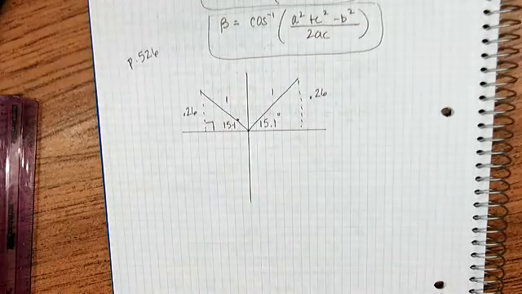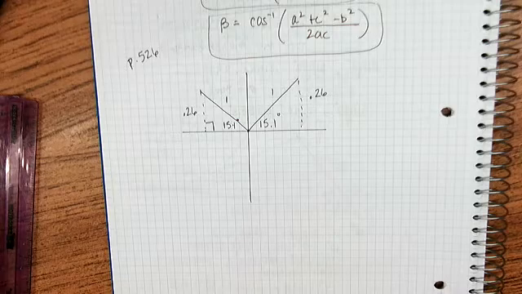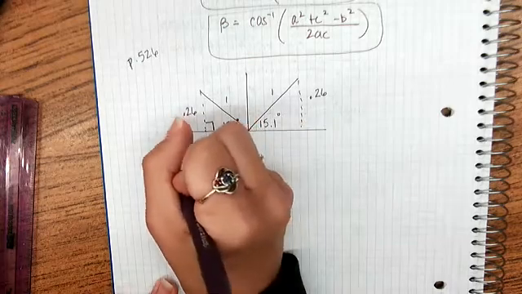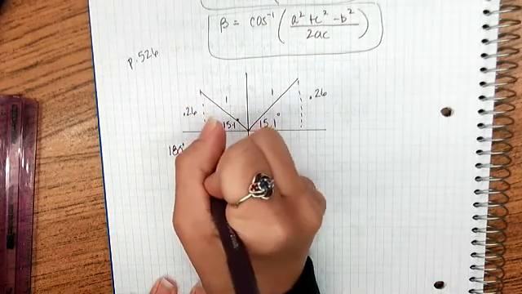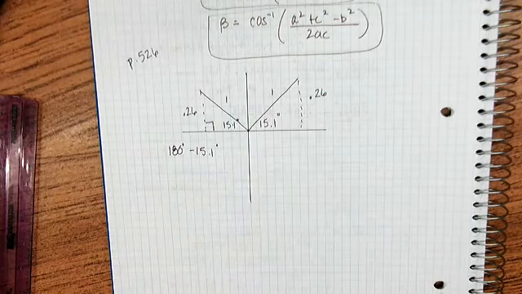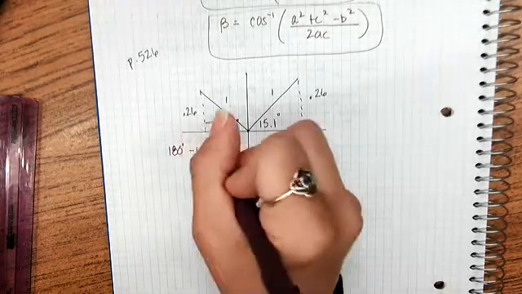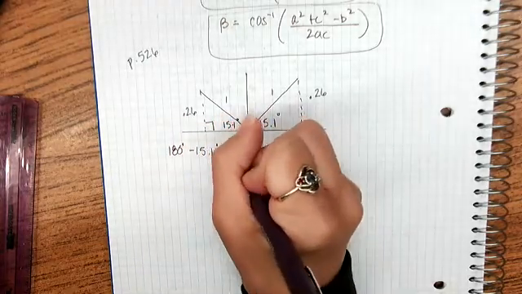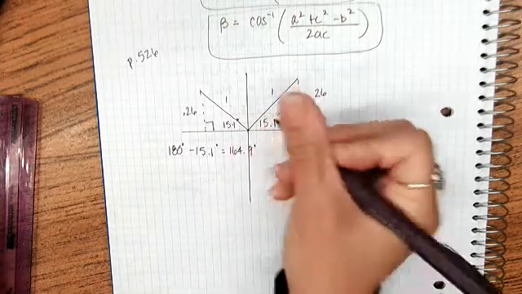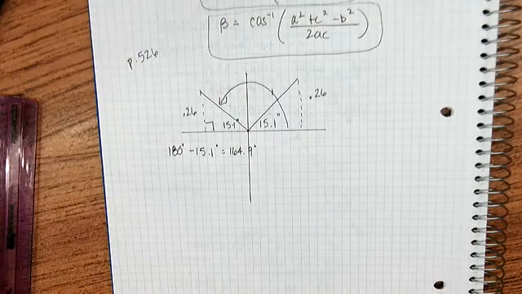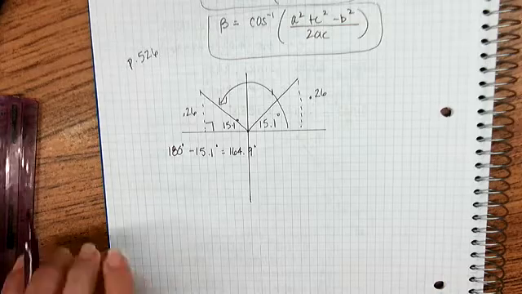Your calculator only gives you the first quadrant answer. So the measure of the angle in the second quadrant is 180 minus 15.1, which is 164.9. It's going to be a little bit off because I rounded.